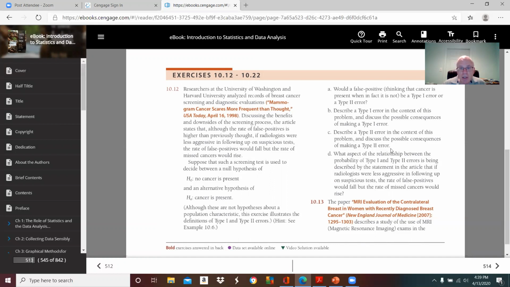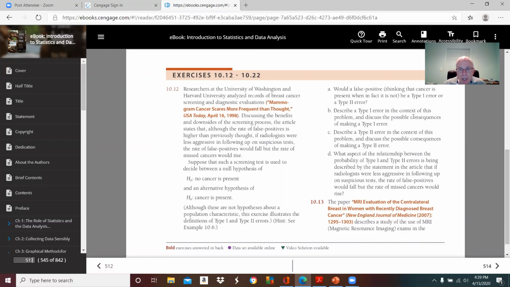We're thinking that the cancer is present. The test is showing the cancer is present when it really isn't. So we're thinking that the alternative hypothesis is true when in reality the null is true. What type of error is that? That's the type 1 error, right? When we are assuming that alternative is true when in reality null is true.